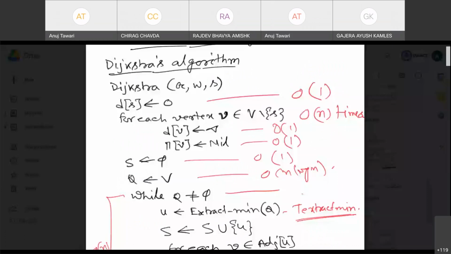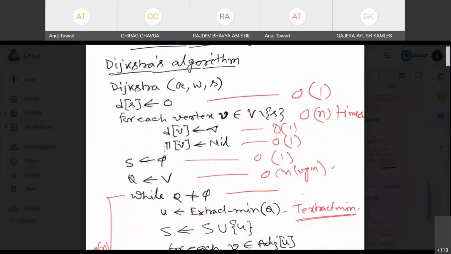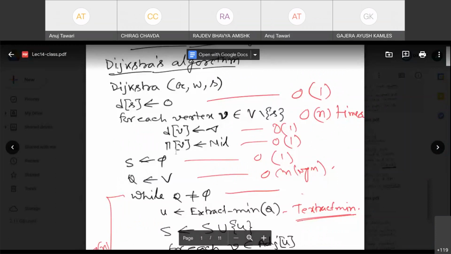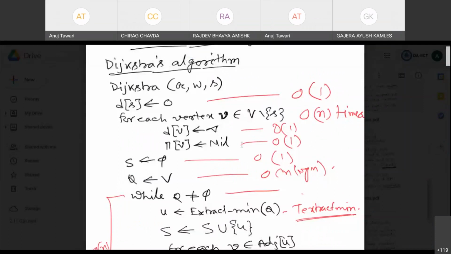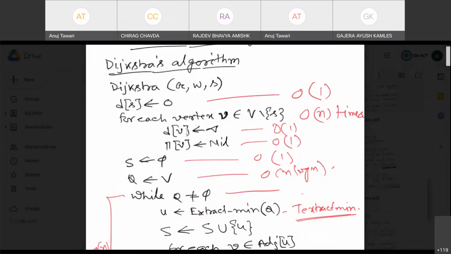Initially, we stored the distance of S to 0, and for each vertex different from S, we set the distance to infinity, and the parent is just stored as nil because we don't know any path here, so there is no particular path.